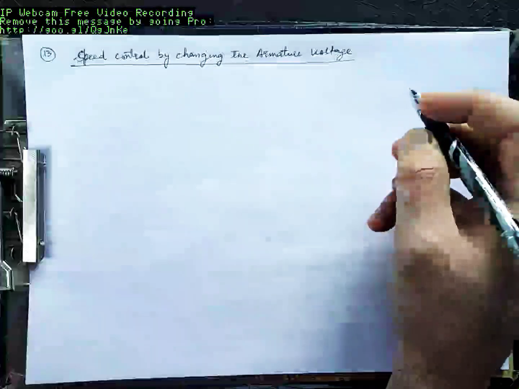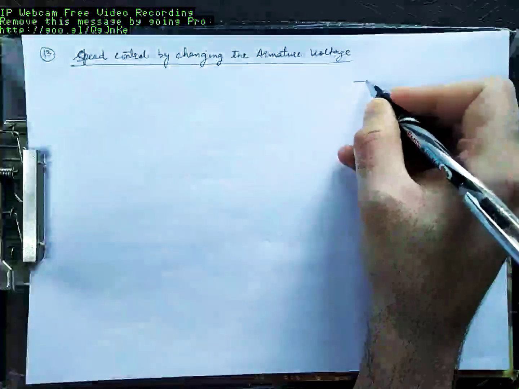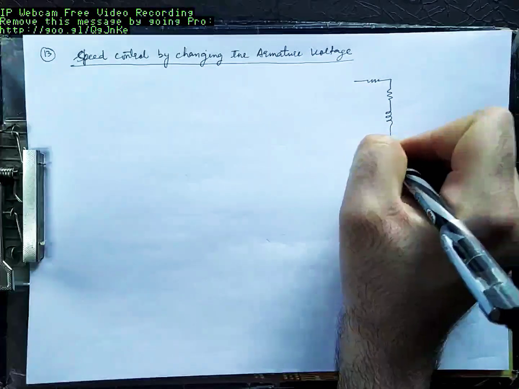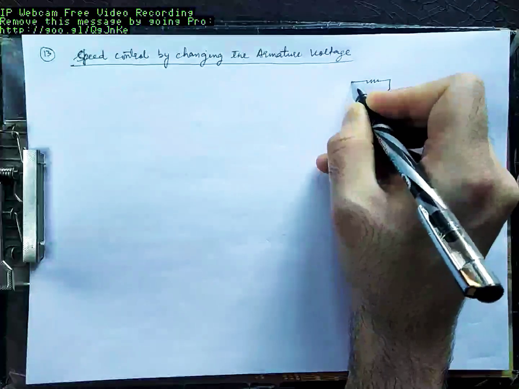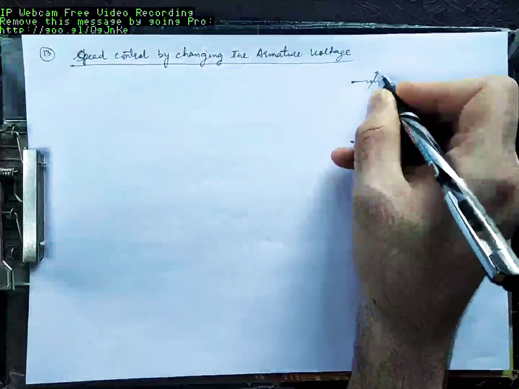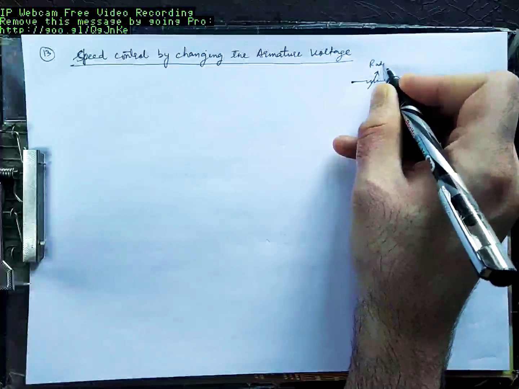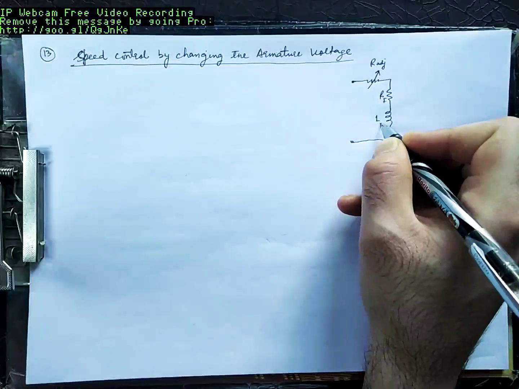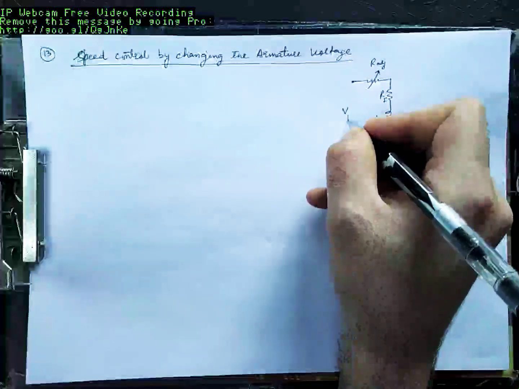Let us suppose this is the field circuit. This is R adjustable, this is RF, this is LF, this is VF.